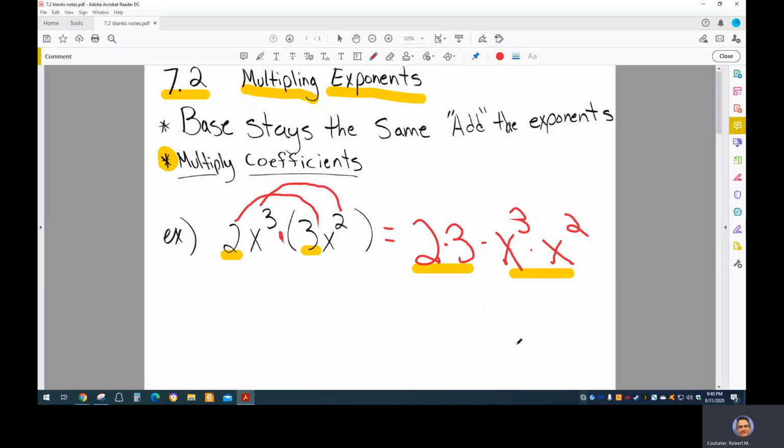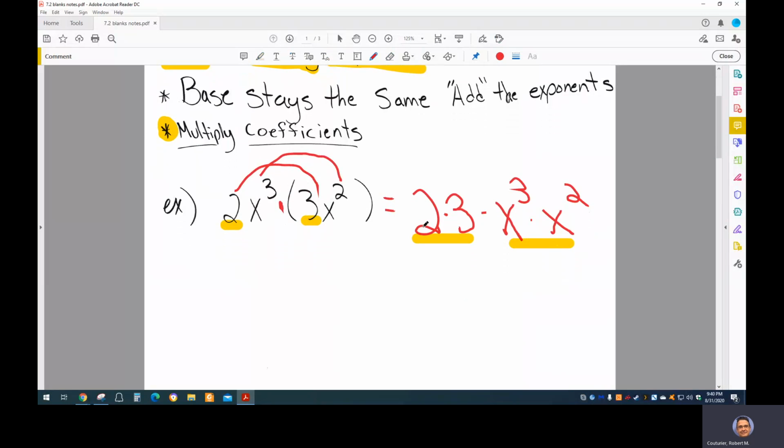So when coefficients get multiplied together, we simply just multiply them. 2 times 3 is 6. Then we have to apply our power rule. We have x to the third power times x to the second power. This is multiplication. So the base stays the same. And we're going to add the exponents.